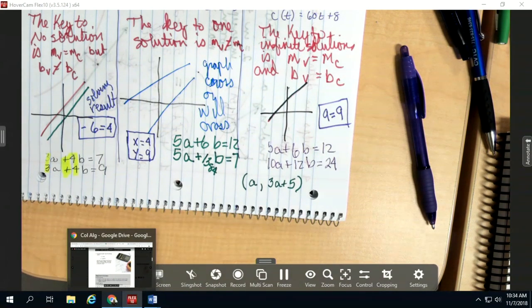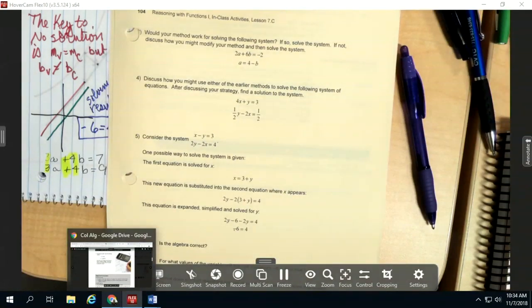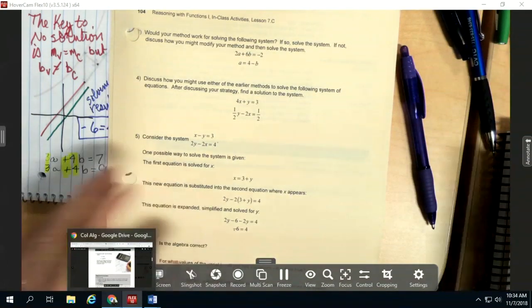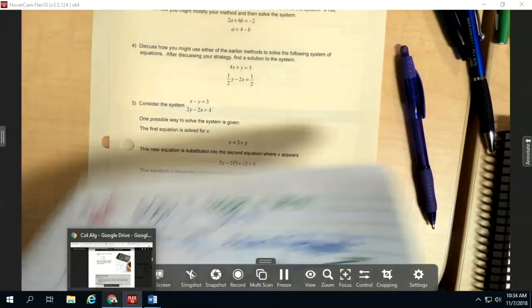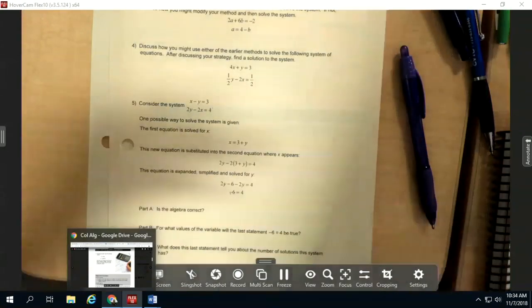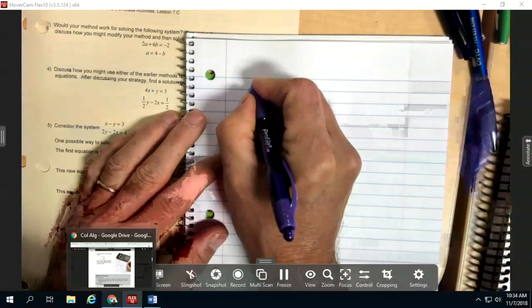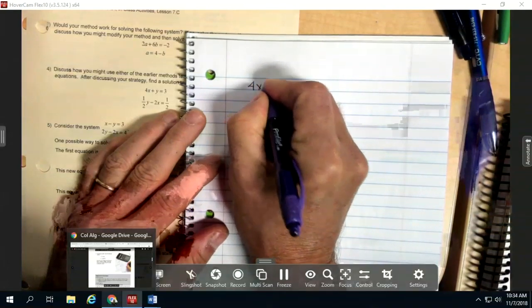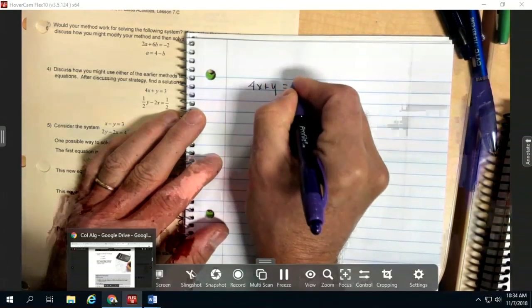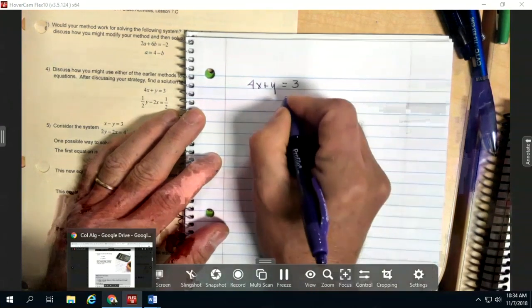I am not going to leave number 4 alone without showing you how to have confidence solving that equation. 4x plus y equals 3.